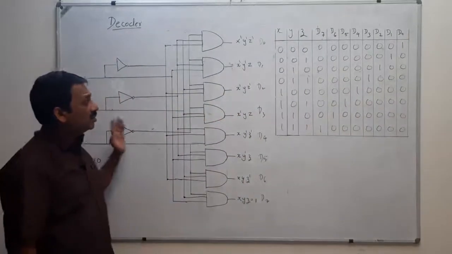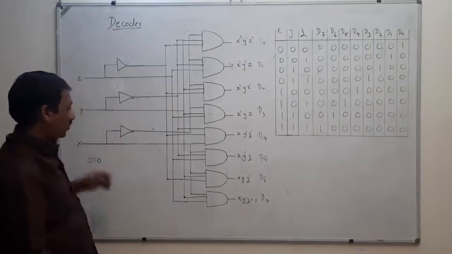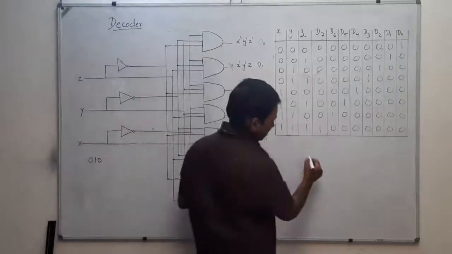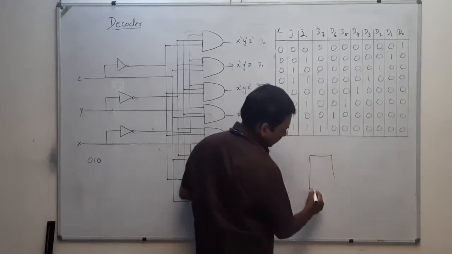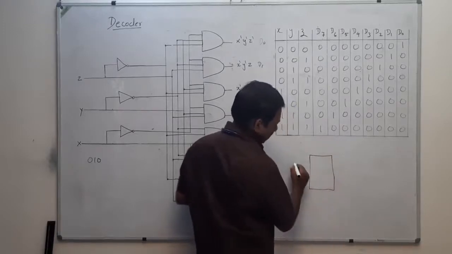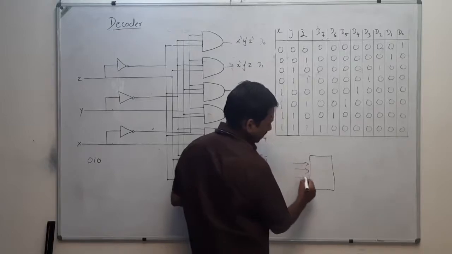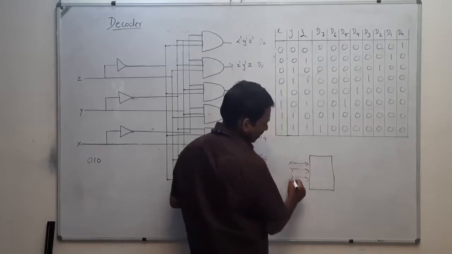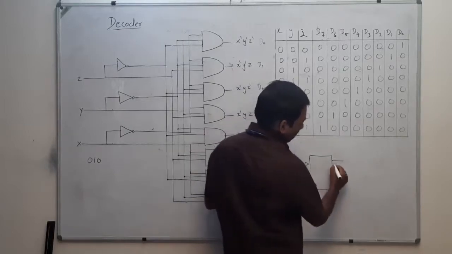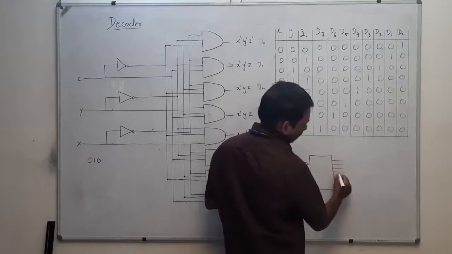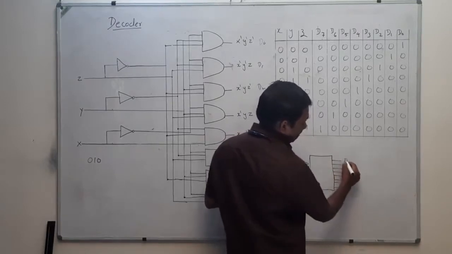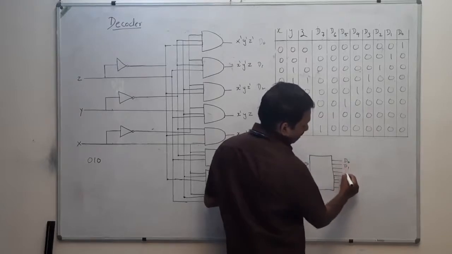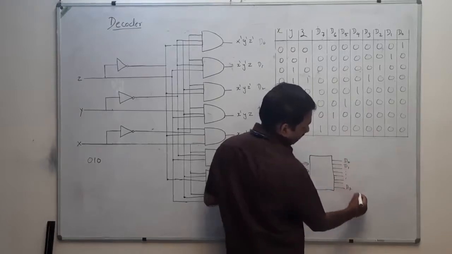Using this, if you have a code, here you have three inputs x, y, and z, and you have 8 outputs, D0, D1, etc. up to D7.